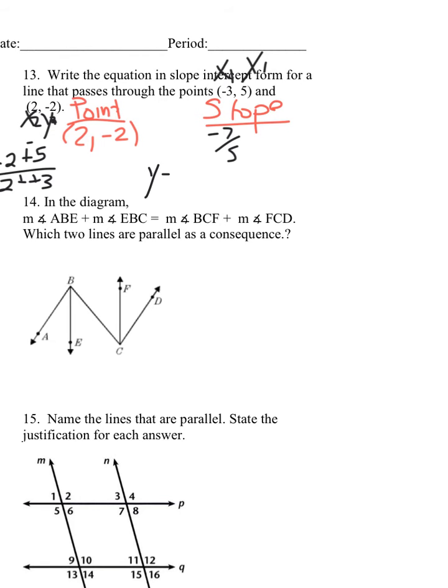So we have y minus -2 equals slope times x minus x sub 1. That becomes a plus. Running out of room here. Y plus 2 equals, we distribute this, -7/5 x plus, because it's negative times negative, 14/5.